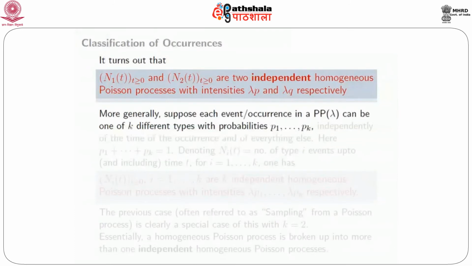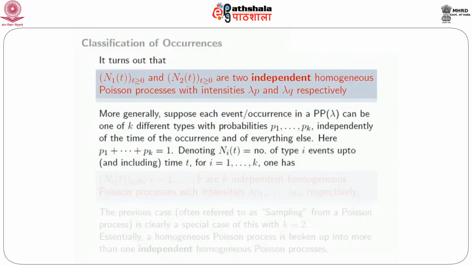This was about what is called sampling or recording. Through sampling of a homogeneous Poisson process, we got two counting processes, N1 t and N2 t, whose sum is the original process N t. It turns out that these two counting processes are two independent homogeneous Poisson processes with intensities lambda p and lambda q respectively.